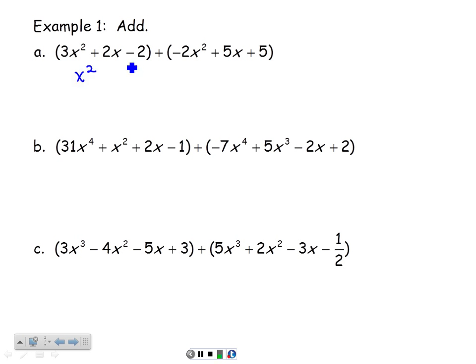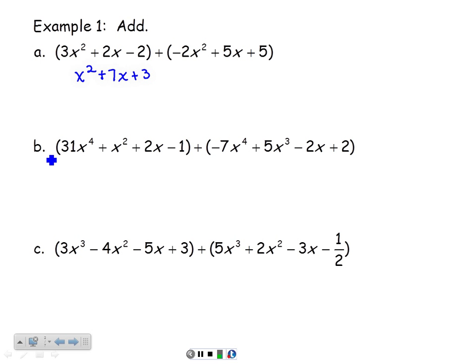And then you have a 2x plus a 5x, which is going to be a positive 7x. Remember those signs in between each term. And then we have a negative 2 plus 5. Negative 2 plus 5 is going to be a positive 3. Now we learned how to add integers in chapter 1, so this should not be that big of a deal for you. Combining like terms, we did that in chapter 1 as well.